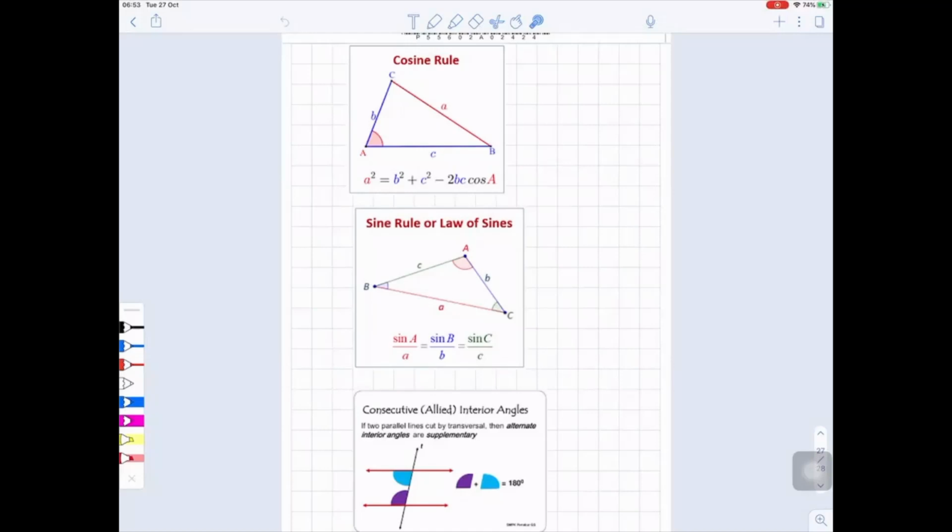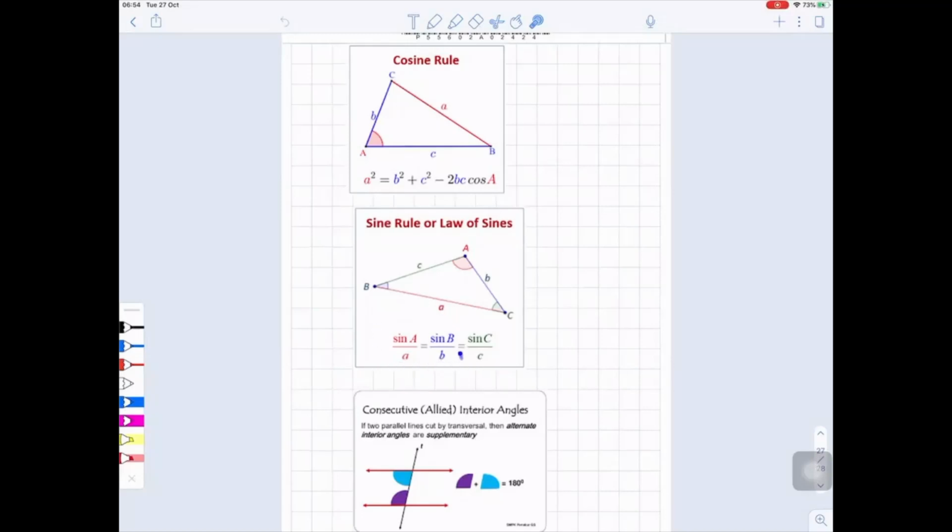The next rule that we'd use would be called the sine rule, or sometimes the law of sines. Sine of the angle A divided by the length of the side a equals sine of the angle B divided by the side b, which is opposite the angle B, and equals sine of the angle C divided by the length c, which is opposite the angle C. You use two of them at a time.